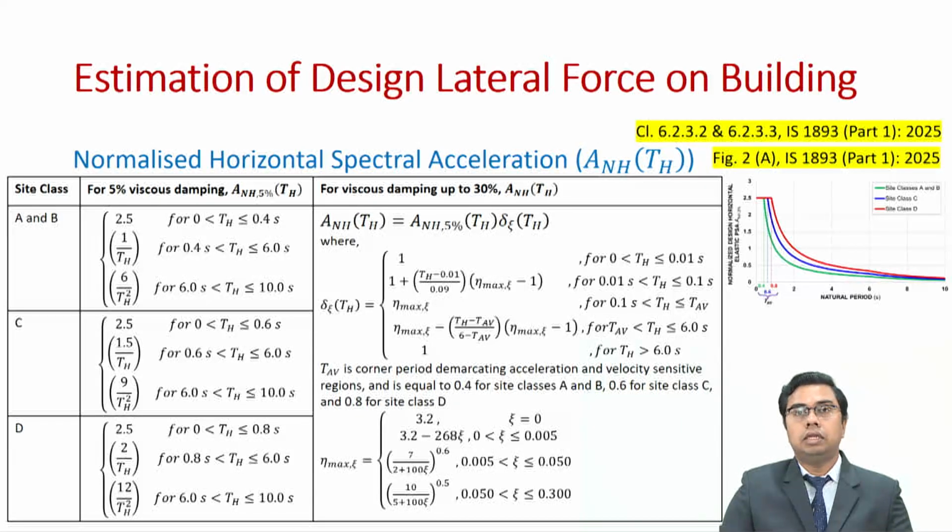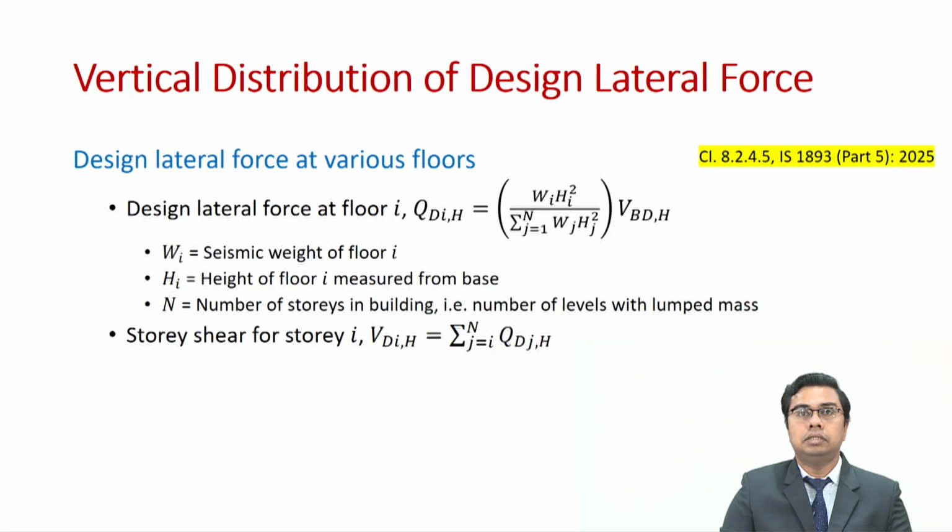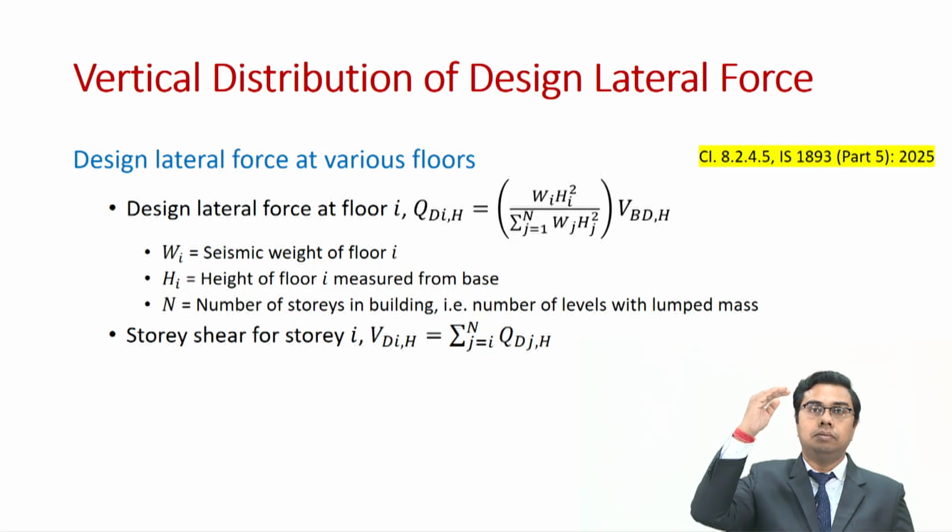Once we have all these factors known to us, we shall be able to calculate the value of design seismic load in the horizontal direction. Once we have the design seismic load in the horizontal direction, we shall distribute it at different floor levels.